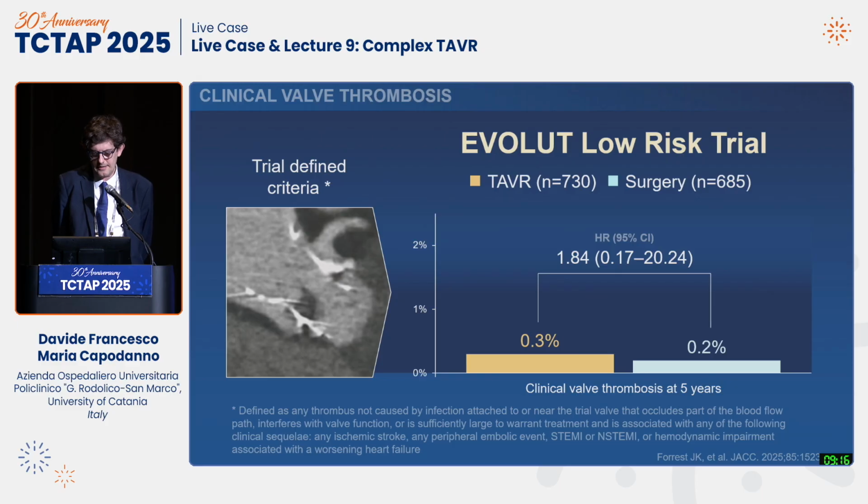For TAVI it's a different percentage, although I must say that here they used trial-defined criteria, not the VARC-3 definition. So, of course, this may generate some difference, but it's an interesting observation that perhaps the valves may behave differently with respect to this outcome. Of course, we do not have, at the moment, long-term comparisons of the two types of valves, so we cannot really speculate more than that.